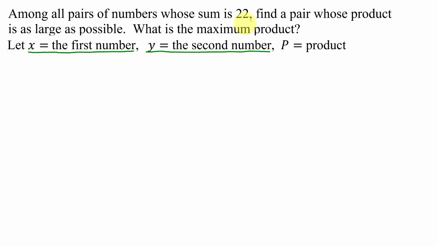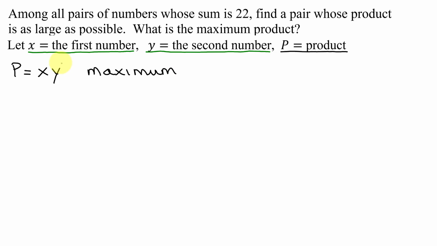Also, I need to deal with their product, so I'm going to let p equal the product of the two numbers. Well, how do we write the product of two numbers? That's just multiplication. So p equals x times y, and I need to find the maximum possible product.